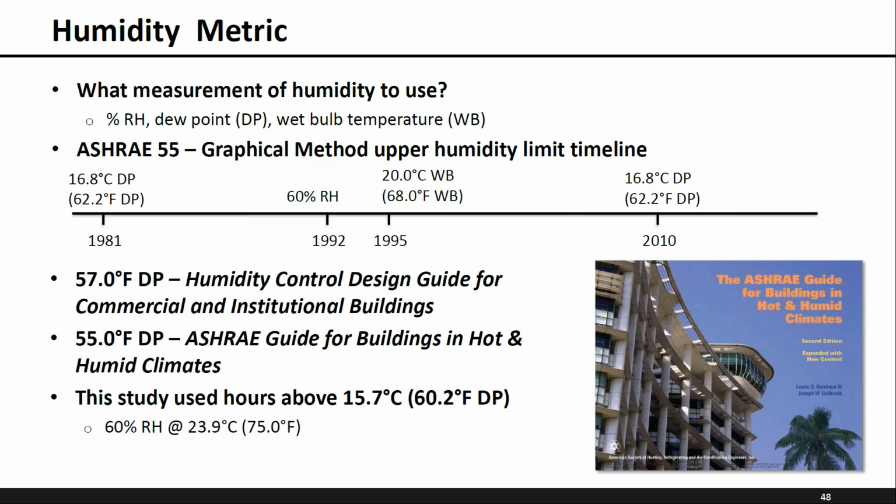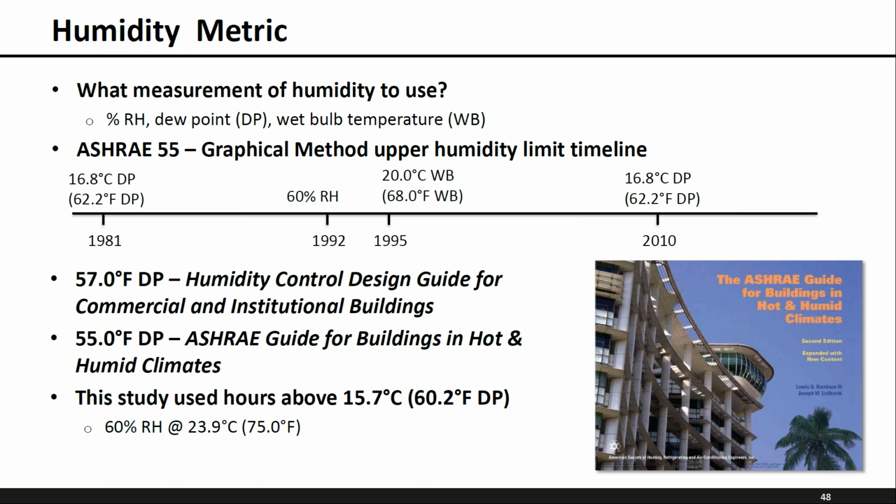In addition to ASHRAE 55, we consulted the Humidity Control Design Guide for commercial and institutional buildings, and we also looked at the ASHRAE Guide for buildings in hot and humid climates, and both of these use dew points as metrics, 57 and 55 respectively. So for our study, we stuck with ASHRAE 55 and some of their guides and used a metric based on dew point.